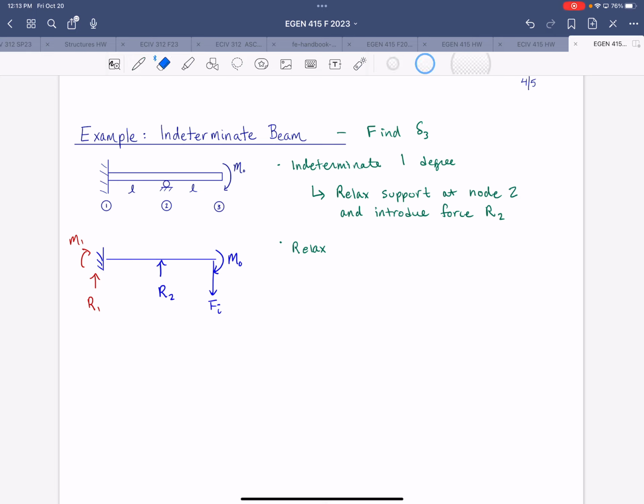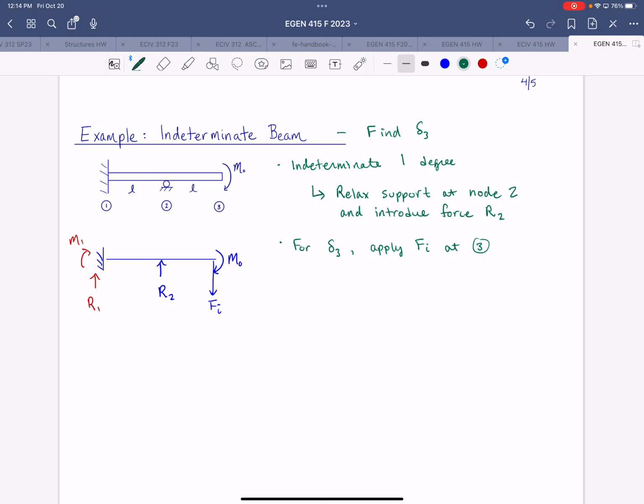Let's see, oh, I already wrote that line. What I want is this. So for delta 3, we'll apply Fi at node 3.